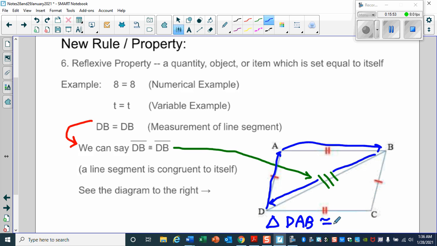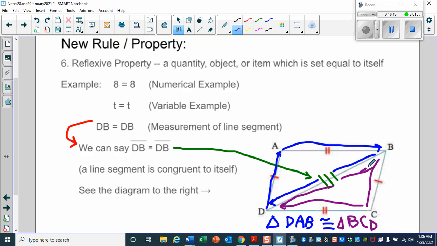We can say DAB is congruent to. Start at 1, B. You go to C, B, C. And from C, you go down 2. You get to D. And then D, go 3.